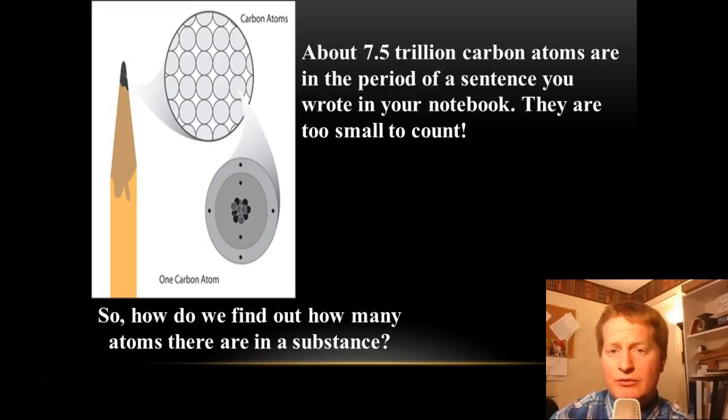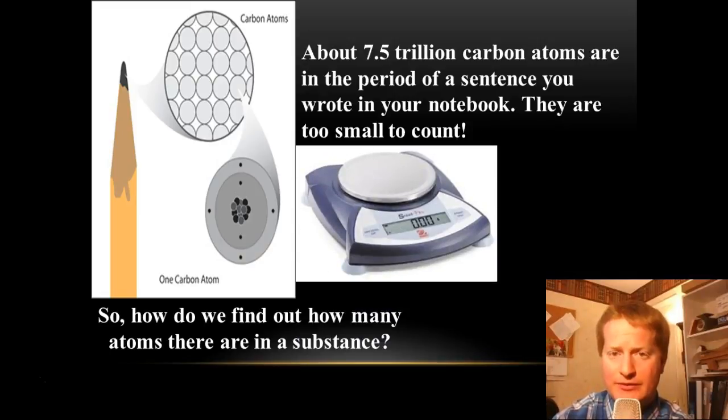Well, what we actually do is we take the mass of the substance. This is the harder part to understand: if we know the mass of a mole of a substance, so we know that a mole is this many grams of the substance, and we also know the mass of the substance we actually have, then we can figure out how many moles are there, and so how many atoms.